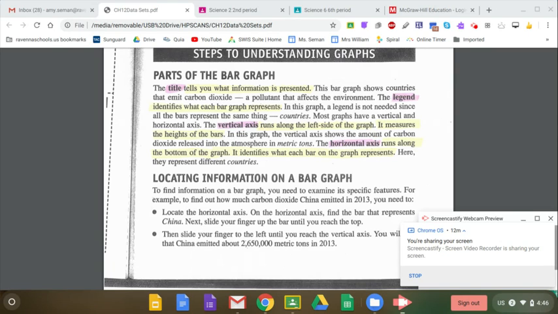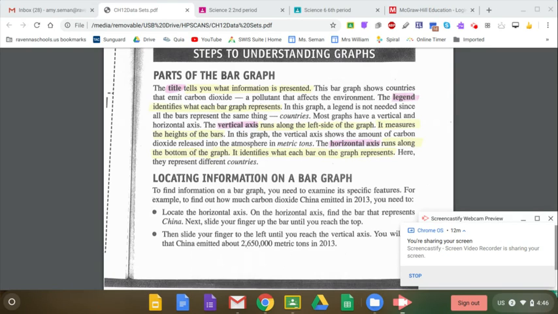In this graph, a legend is not needed since all the bars represent the same thing: countries. Most graphs have a vertical and horizontal axis. The vertical axis runs along the left-hand side of the graph. It measures the height of the bars. In this graph, the vertical axis shows the amount of carbon dioxide released into the atmosphere in metric tons.